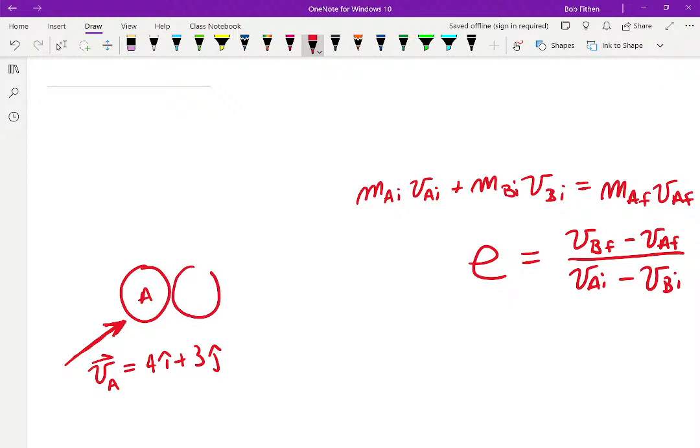Suddenly, instantaneously before impact, it hits B. But it hits B along this strange plane here. So here you have a plane. You could call this the impact plane here. And then this is the direction of impact.